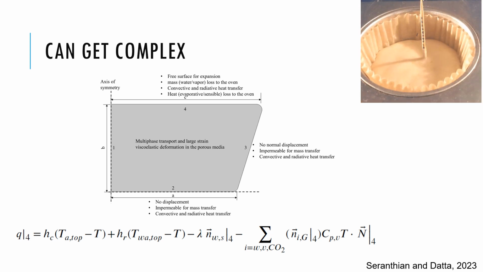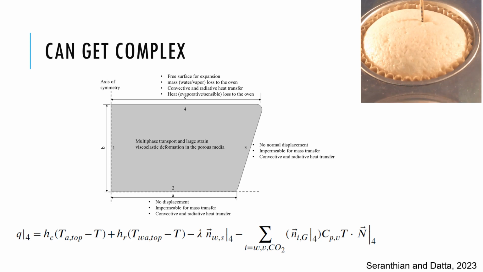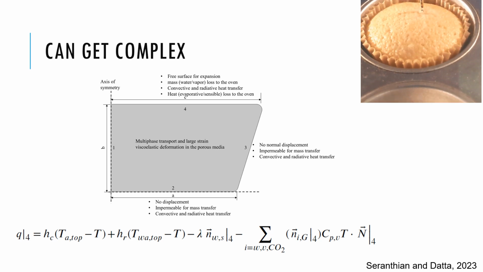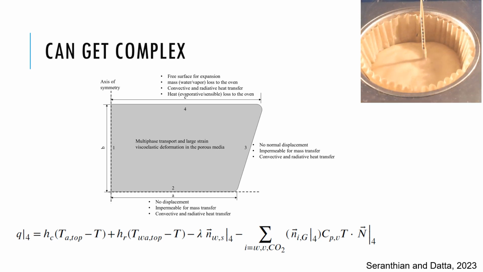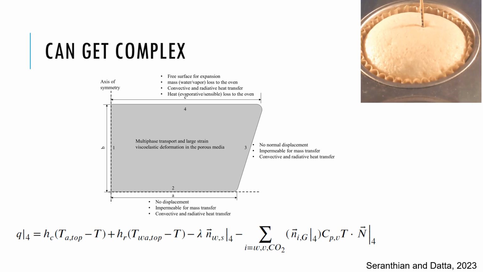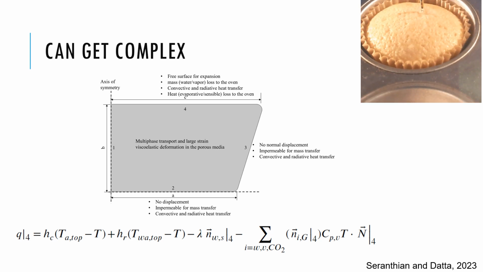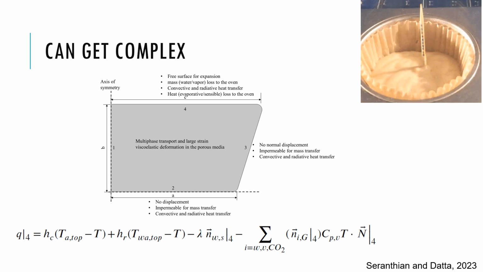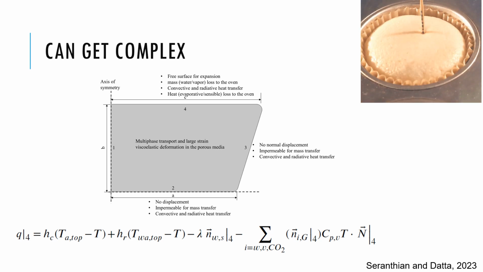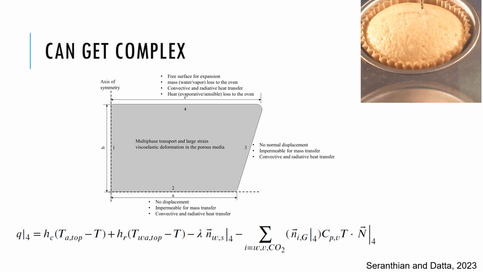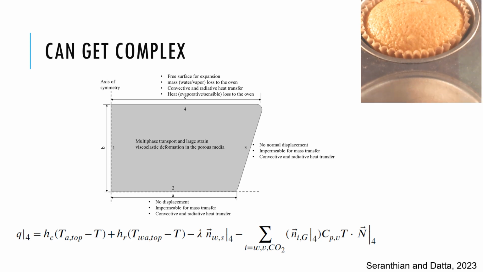But in this example, I want to show that it's not always that simple. Most of the time it's not, and the boundary conditions can set up what is actually going on in reality.